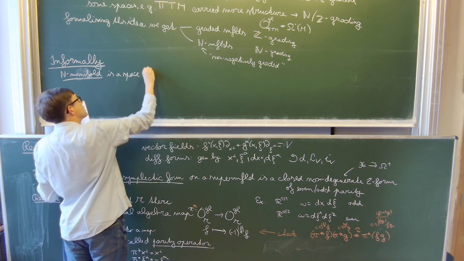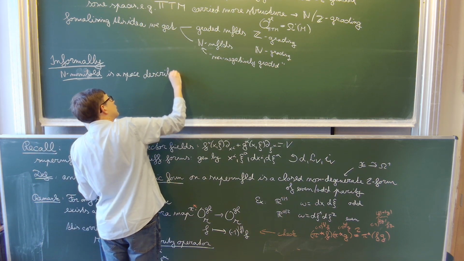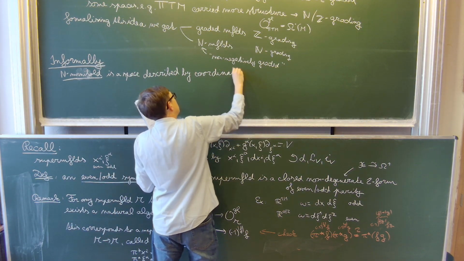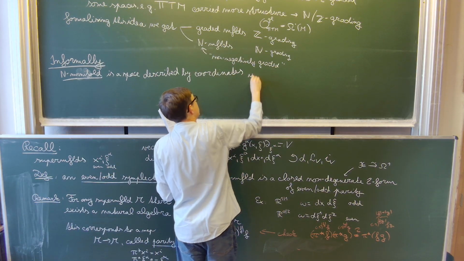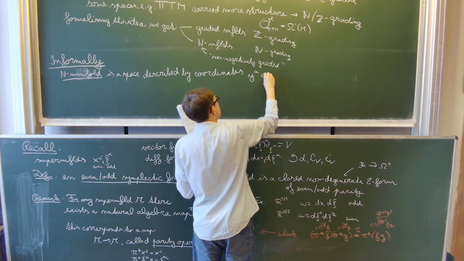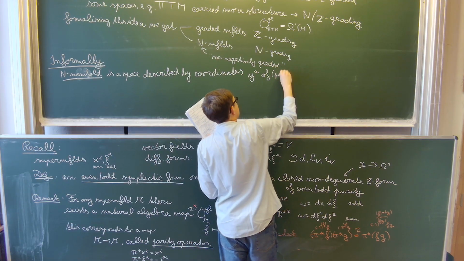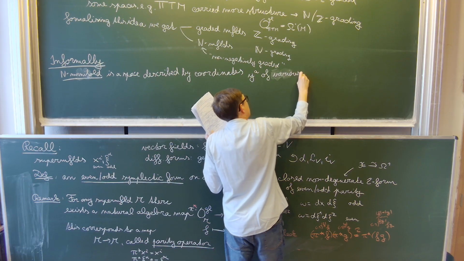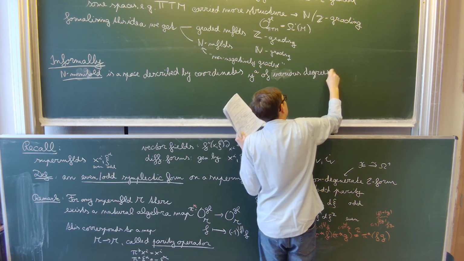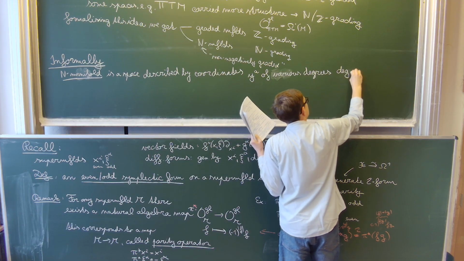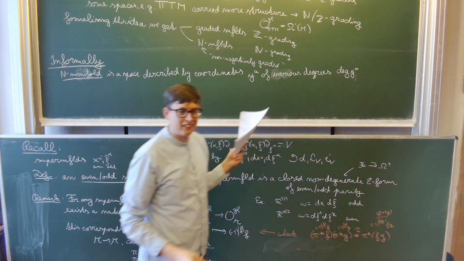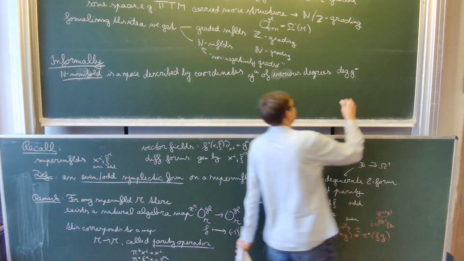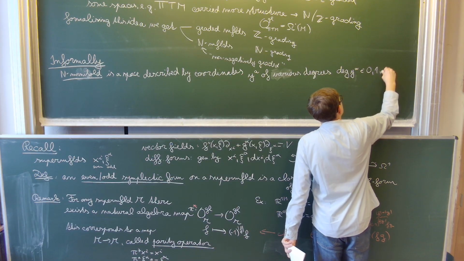It's a space described by coordinates, let me call them y^a, of potentially various degrees. I will call these degrees deg y^a, and this thing will be in N, that is in 0, 1, 2, and so on.